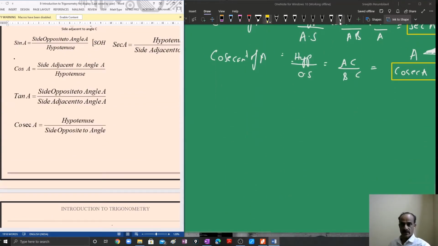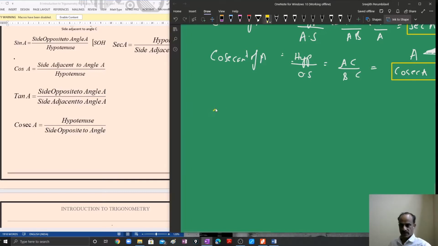I'll sum up once again. Sin A is opposite side by hypotenuse. Cos A, this is what you have to learn: as far as any angle is concerned, adjacent side by hypotenuse. Tan A is opposite side by adjacent side. It is very easy to learn.